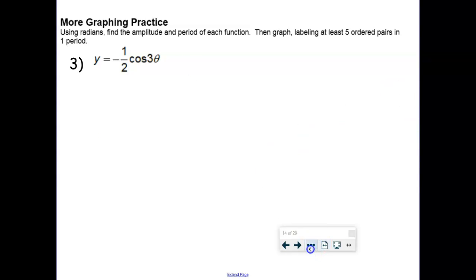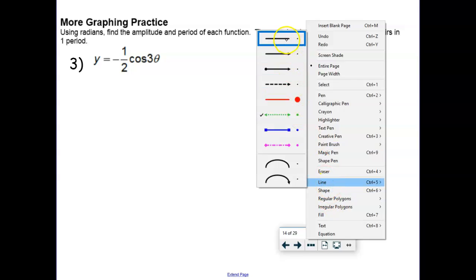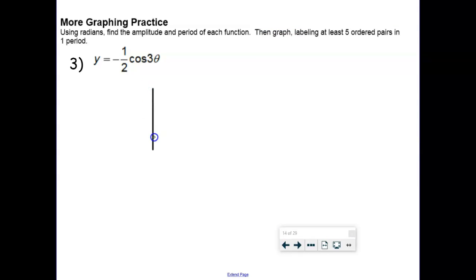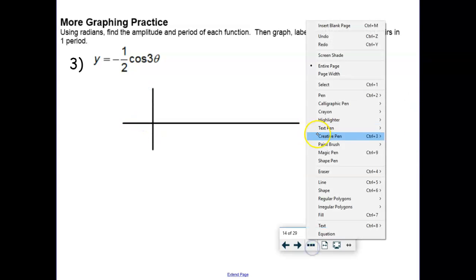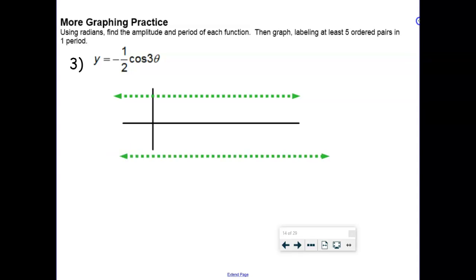All right, so let's get some axes down. Not what I wanted. You know, if I was smart, I would have already had axes drawn for myself. Then I could have avoided all of this. All right, so again, we have no vertical shift.